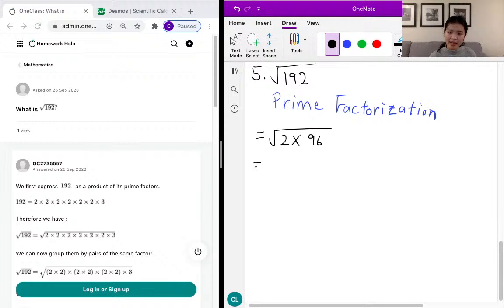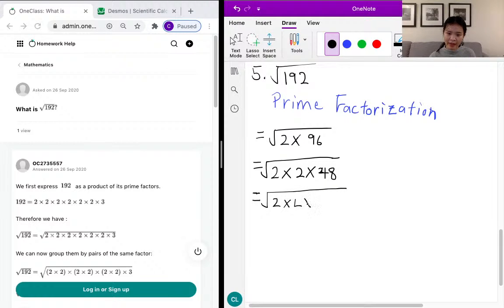Now, as we said before, any integer ending with 0, 2, 4, 6, or 8 has 2 as a factor. So 2 is also a factor of 96, and 2 times 48 is 96. So right over here we have another layer of prime factors. Again, 48 has 2 as one of its factors, so we can do 2 times 2 times 2 times 24.